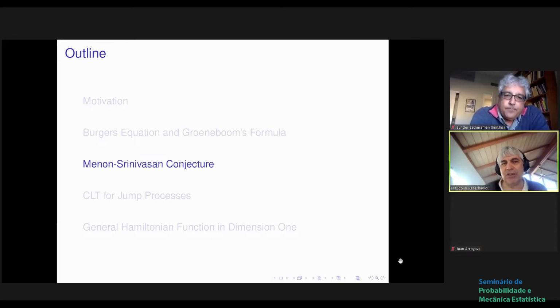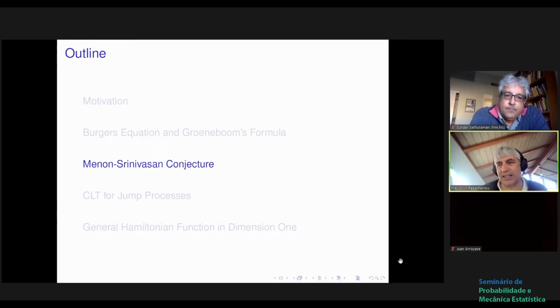Then I mention a conjecture of Menon and Srinivasan that got me into this work that I'm presenting today for many years. And then I explain how this conjecture, when you work it out and apply it to Groeneboom's formula and try to use it to prove Groeneboom's formula, then you end up doing some central limit theorem for a jump process.